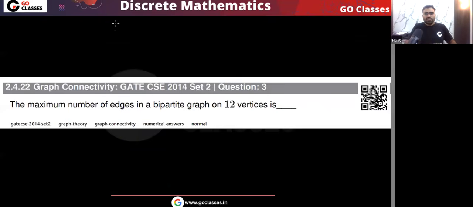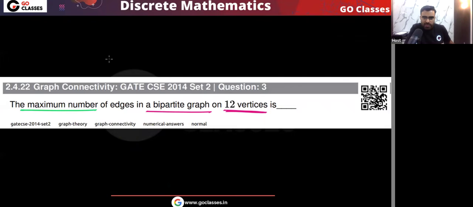Let's solve this GATE 2014 question. The maximum number of edges in a bipartite graph on 12 vertices. So we have a bipartite graph, the total number of vertices is 12, and we want to find the maximum number of edges.